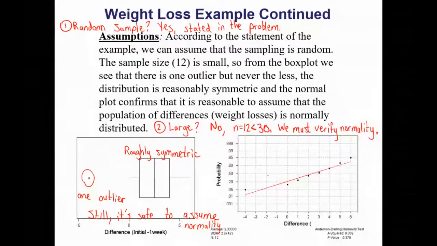If you look at our plot, notice that yes, it's along a straight line, but this one outlier that's away from everything else kind of pulls the tail of our line up. If it wouldn't be for this one, we would have a pretty darn straight line coming through here, and we would all be pretty close to the line. But that one outlier kind of skews us a little bit. But it's still safe to assume normality.